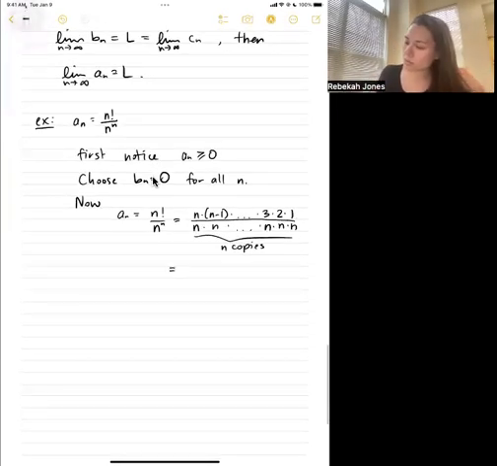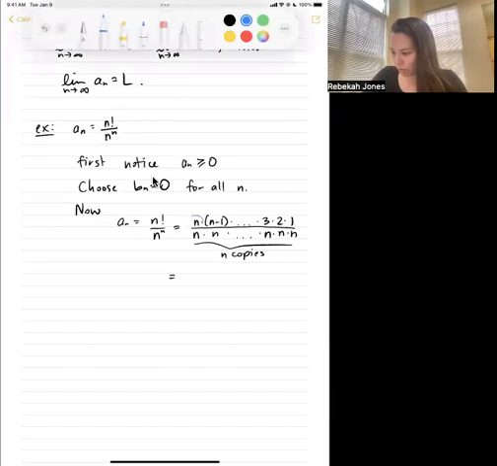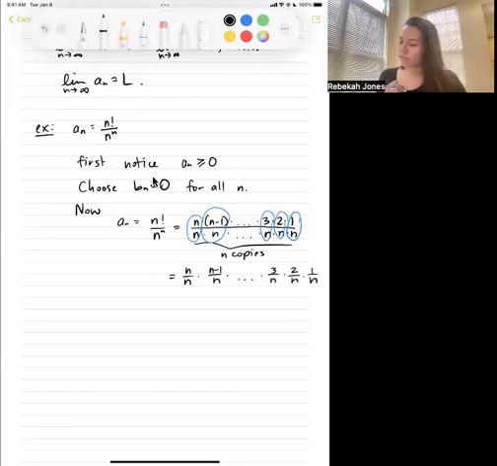Now, what I can do here is pair up this product. Since we have just a product in the numerator and a product in the denominator, we can split these up. So I'm going to write this as n over n times n minus 1 over n times all the other pieces that I get.